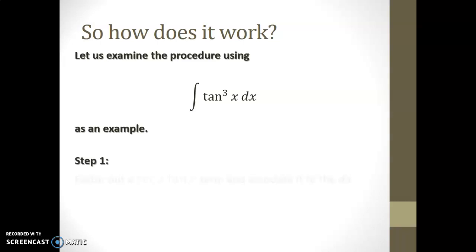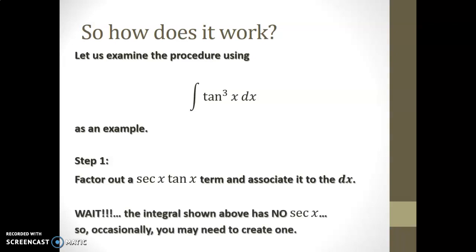In step 1, factor out a secant x tan x term and associate it to the dx. Now this may seem odd, especially in our example where there is no secant x to be factored out. Therefore, there are situations where you may have to create a secant x of your own.